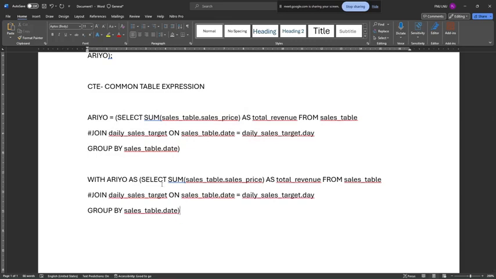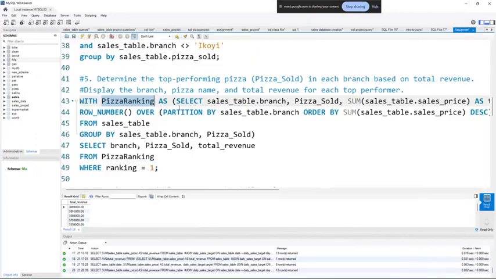That is how we do it. So anywhere I want to use that statement, I don't need to be writing it. I'll just use Ario. Do you understand? Yes.